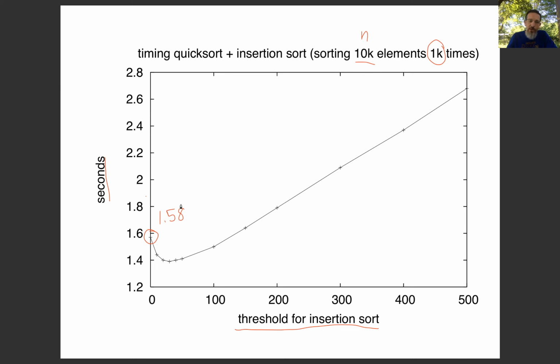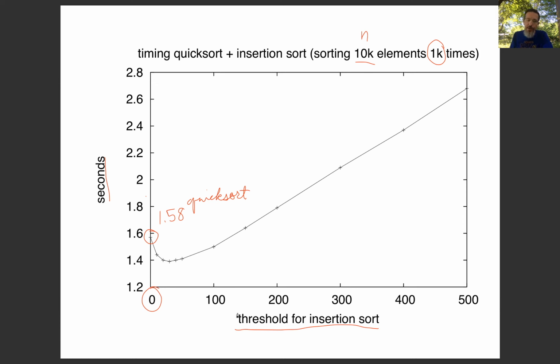And how do I know that's quicksort by itself? Well, because down here, that's where the threshold for insertion sort was 0. In other words, only for length 0 arrays did I use insertion sort.